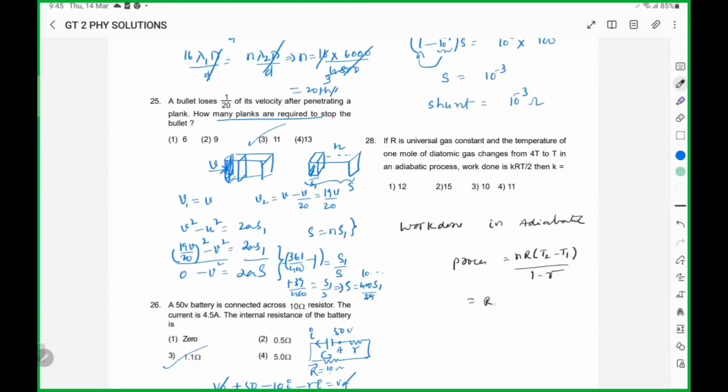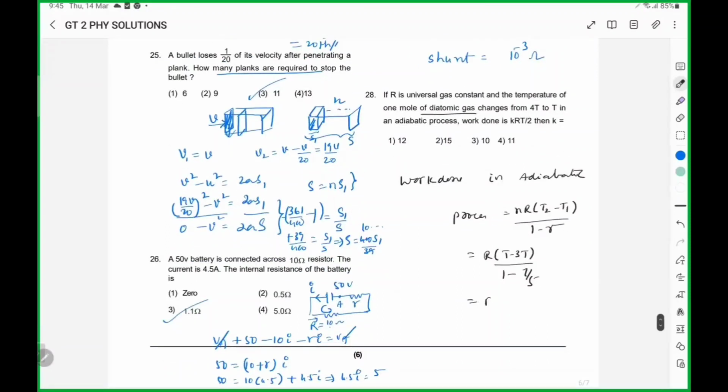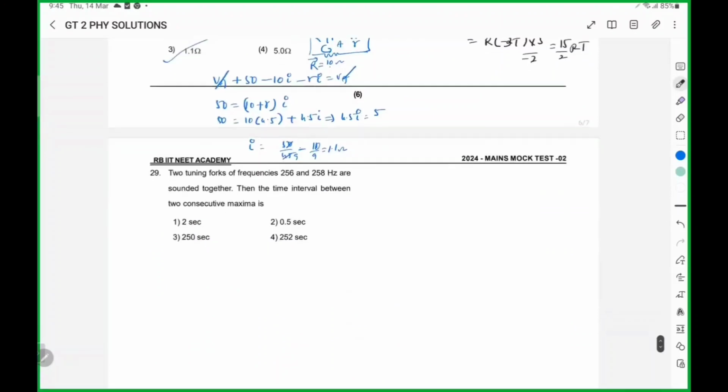For 1 mole, T2 is T minus 3T, by 1 minus gamma, which is diatomic, 7 by 5. So R into minus 3T into 5 by minus 2, that is 15 by 2 RT. So the K value is 15.